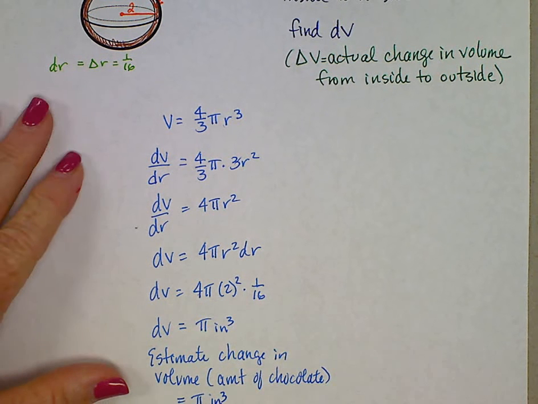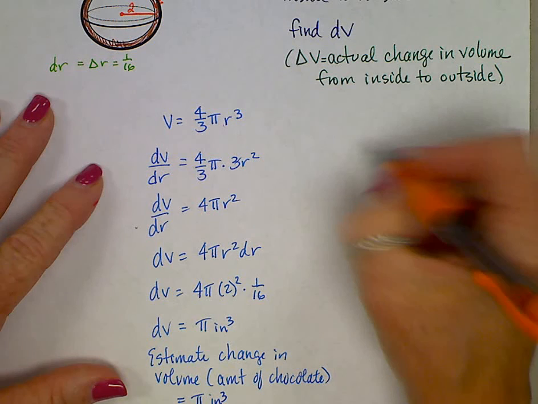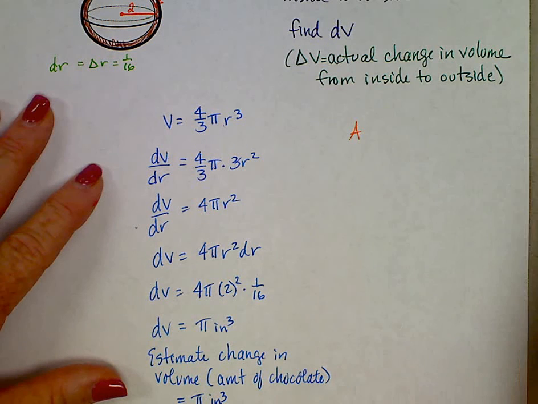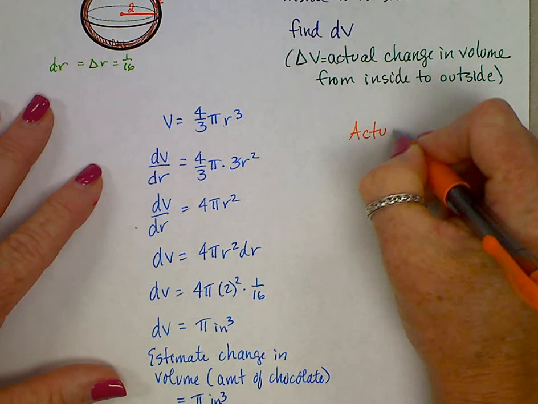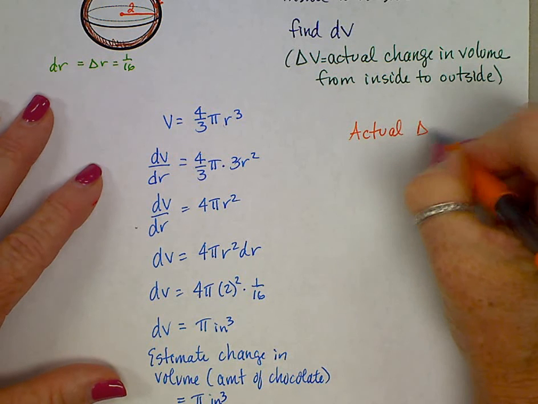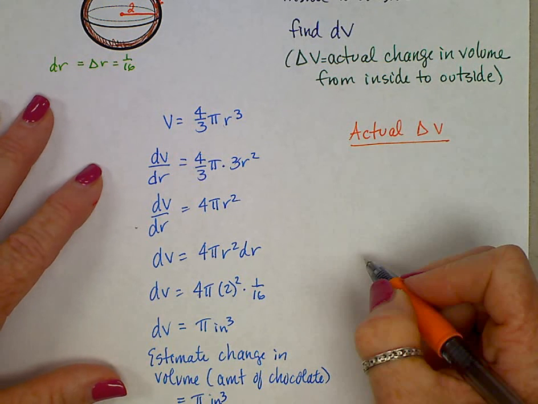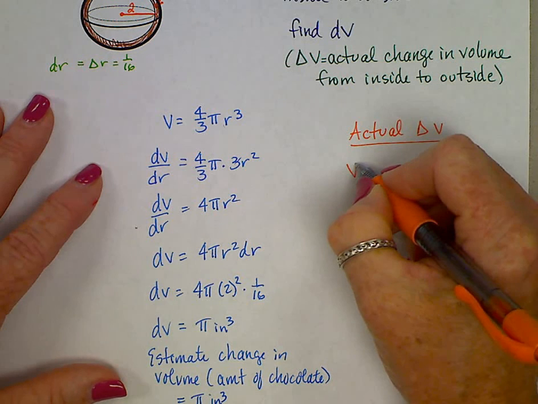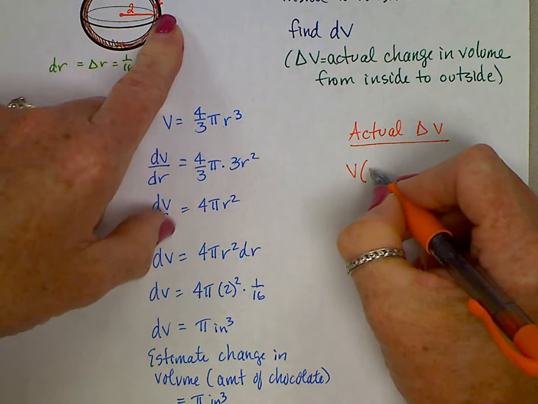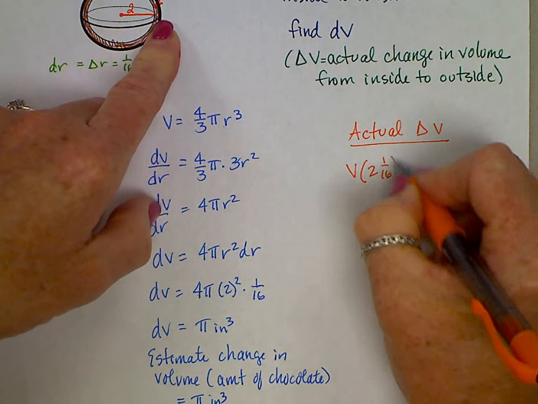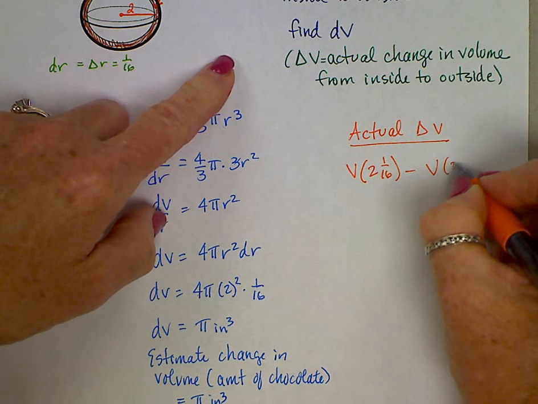Alright, let's go and find then the actual amount of chocolate. So the actual change in volume is going to be the volume at the outside measurement, which is 2 1/16, minus the volume at 2.